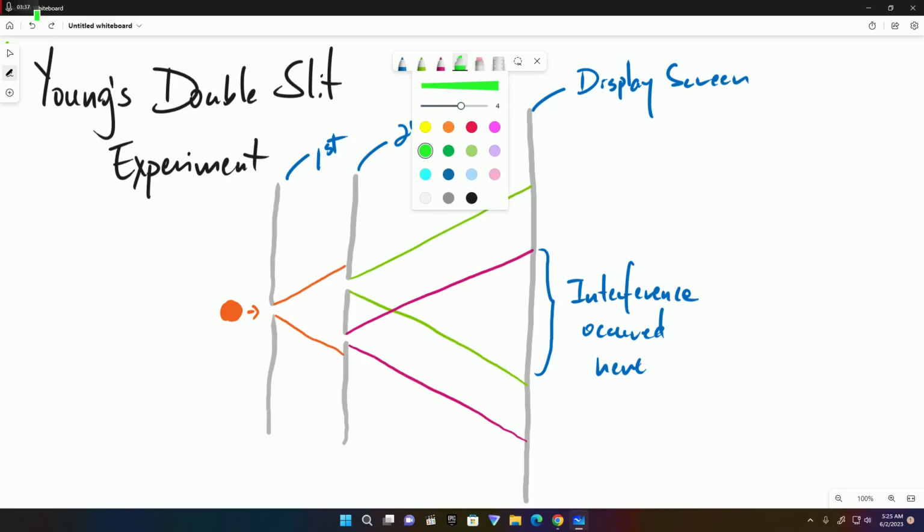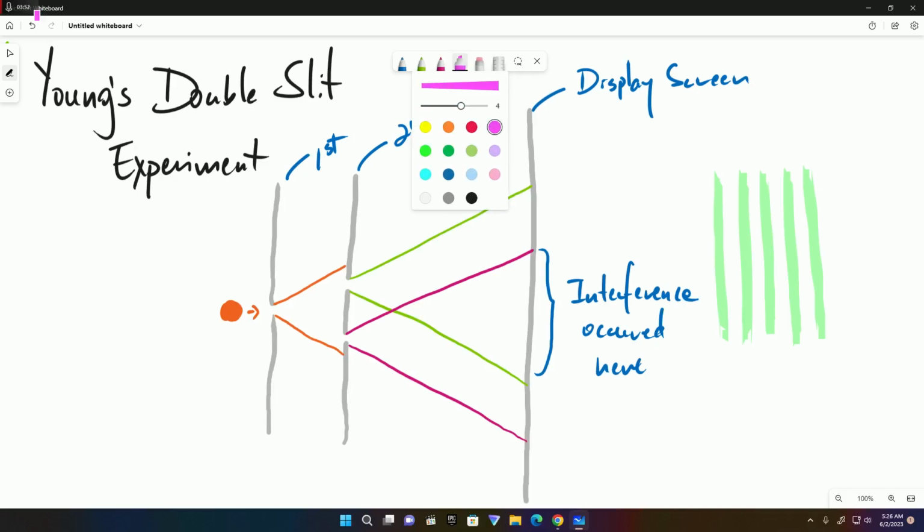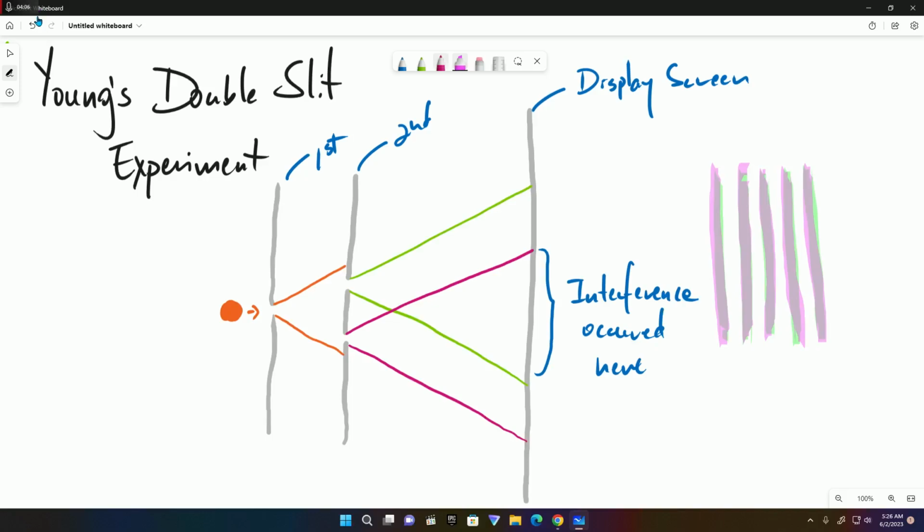And those spots looked as if light from the two sources, the easiest way to explain it, looked twice as bright. And what happened in those places was constructive interference occurred. And then there were spots on the screen that were dark, as if no light was shining there. And in those spots, destructive interference occurred.